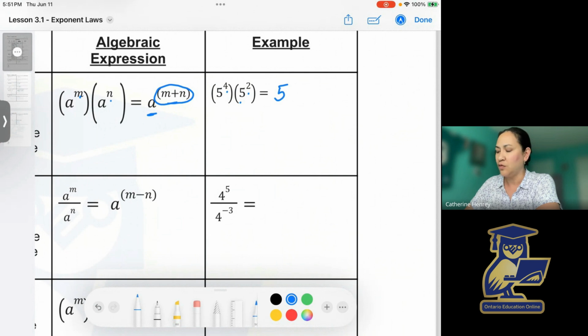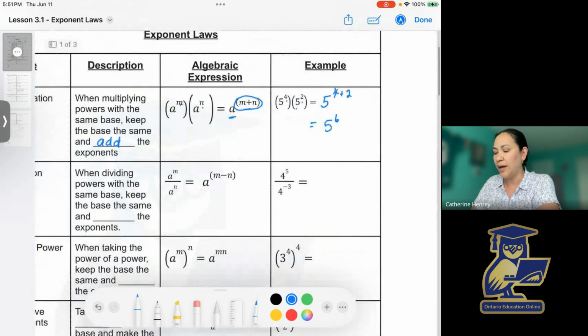So here, this is 4 plus 2. So simplifying that, I'll have 5 to the power of 6. I'm just using this to take a look at the exponent laws, but if you want to go ahead and evaluate that on a calculator, you go ahead.